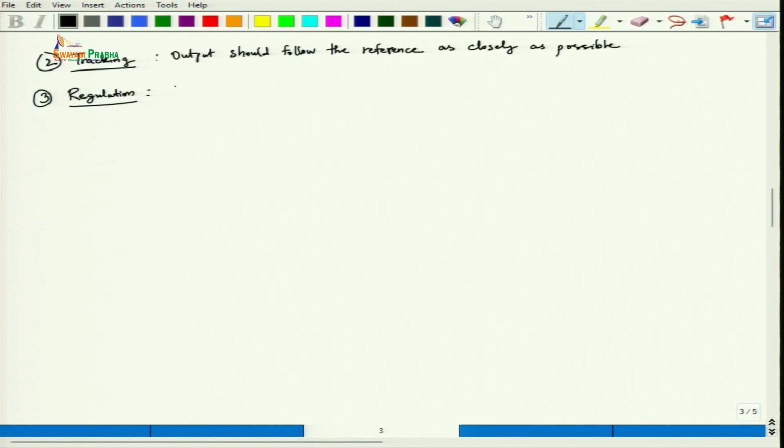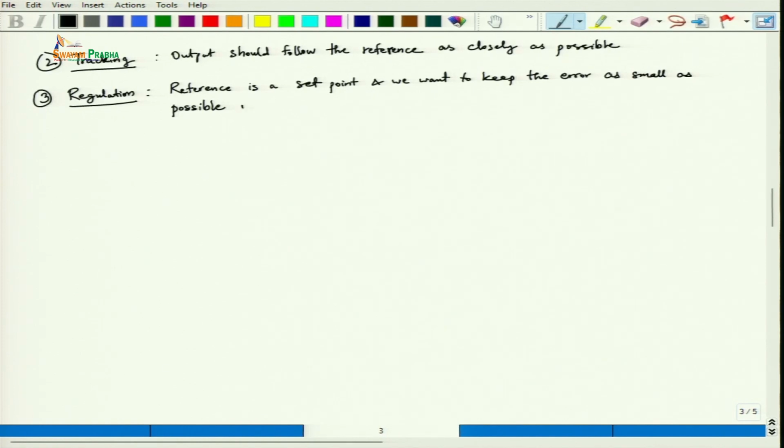The idea of regulation is our reference is basically a set point, and we want to keep the error as small as possible in the presence of disturbances.